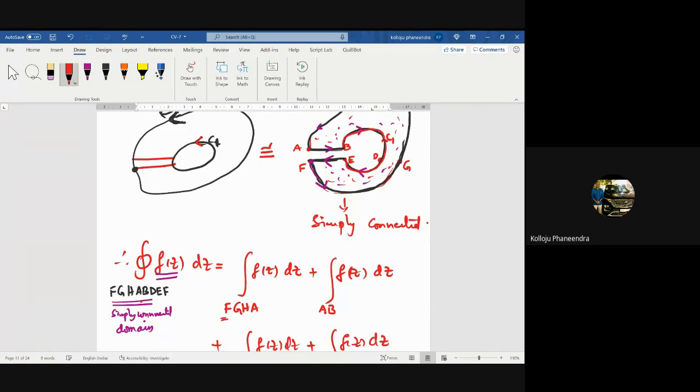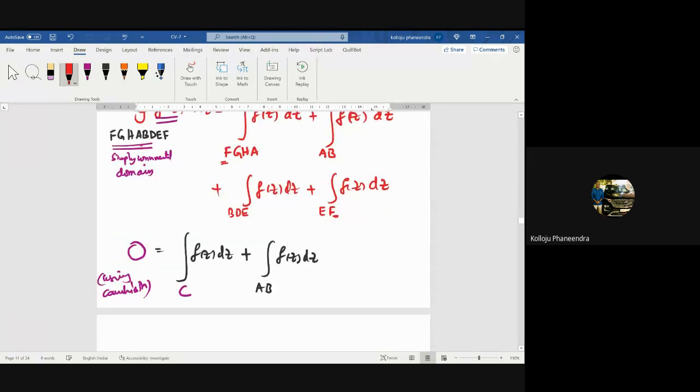What is this one? Curve C1. Curve C1 is in anti-clockwise direction, but here the rotation is the opposite direction, so I can write this as minus integral over C1 of f of z dz.